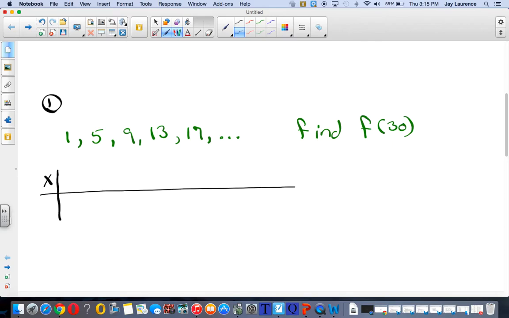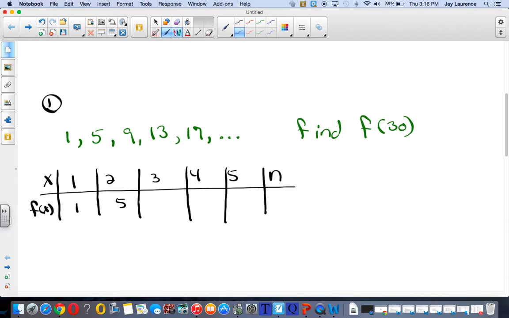Set up my table, x and f of x. And then I'm going to have 1, 2, 3, 4, 5, and I'm looking for the nth term. I've got 1, 5, 9, 13, and 17. Now I go and find my first differences.